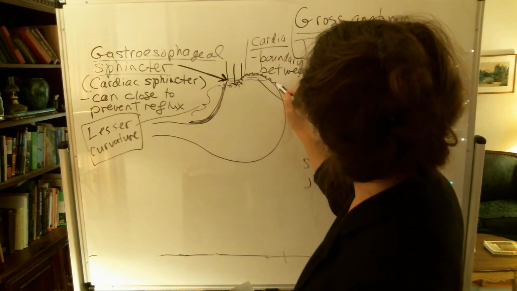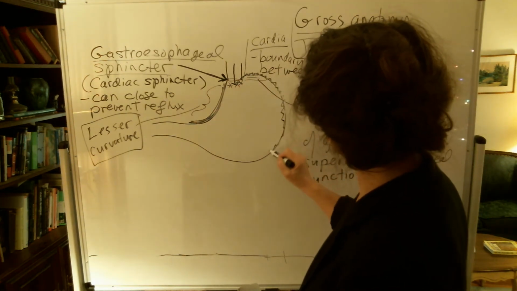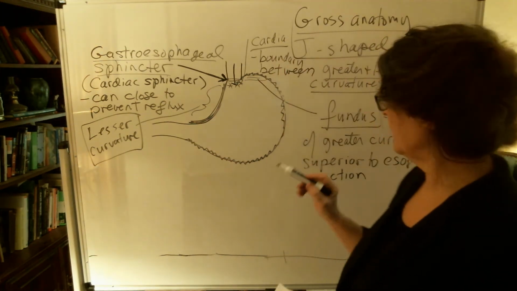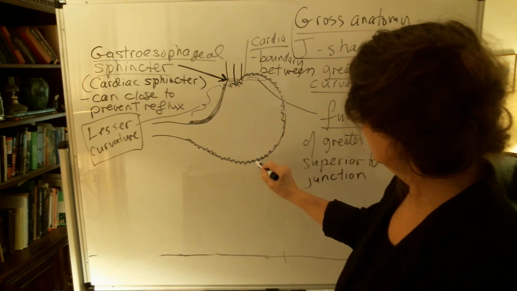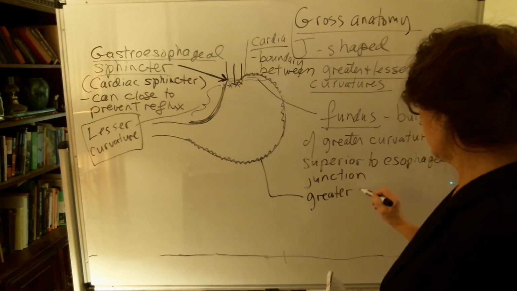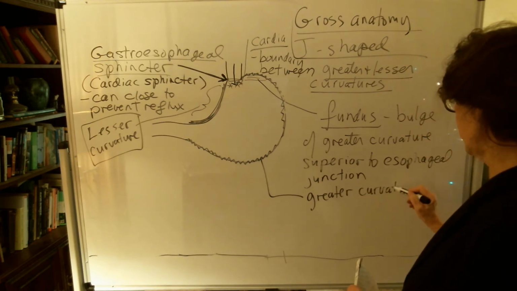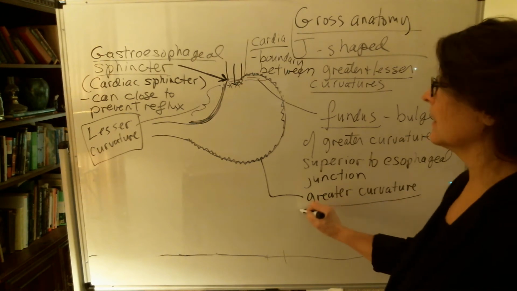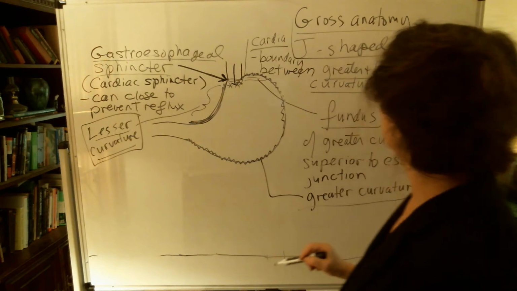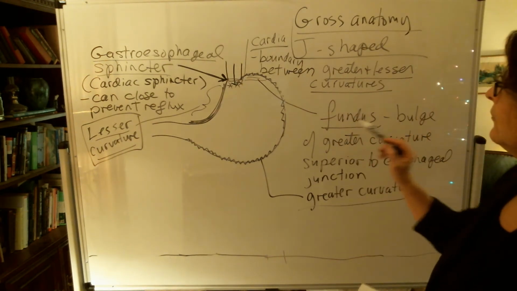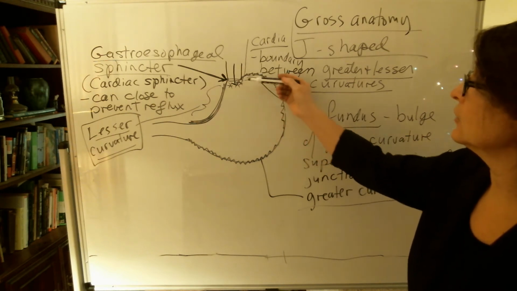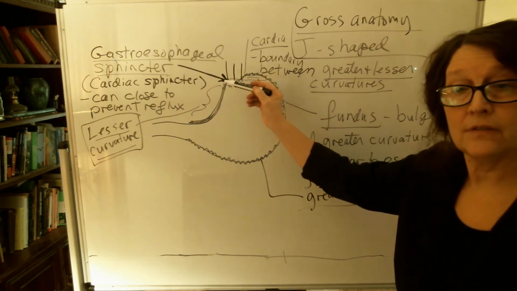And here you see this really remarkably large curve that I'm indicating with a wavy line. The wavy line doesn't exist in real life. But this then is the greater curvature of the stomach, while this one is the lesser curvature. And so then the fundus is this bulge in the greater curvature that actually goes above the gastroesophageal sphincter.